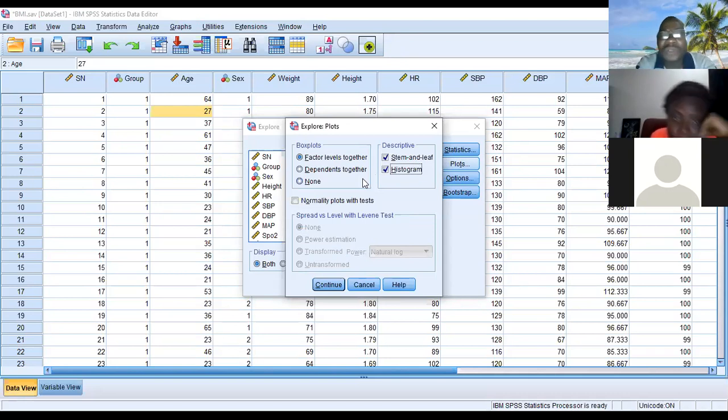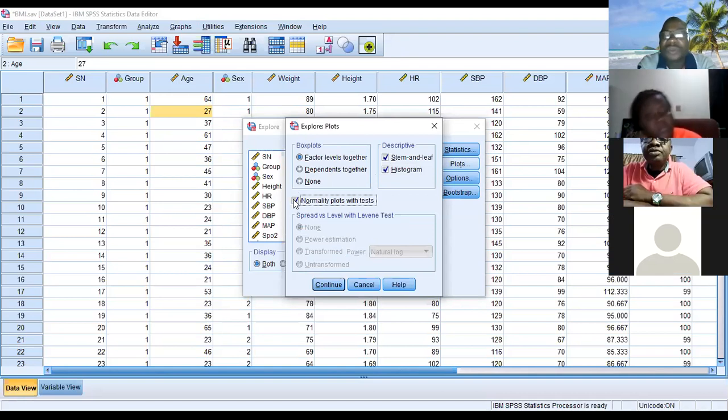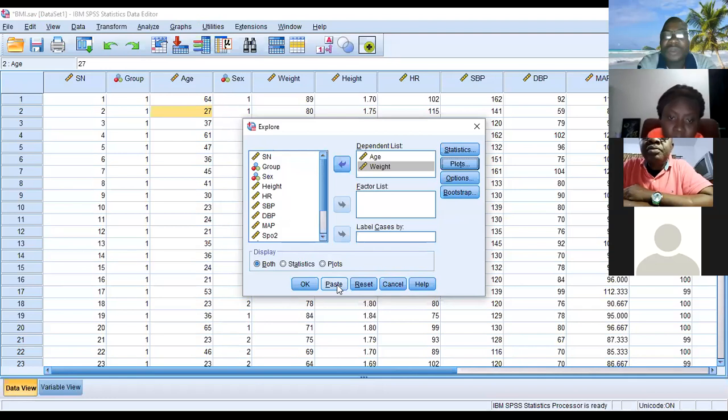Then click on normality plots with tests. Okay. Continue. Then, okay.